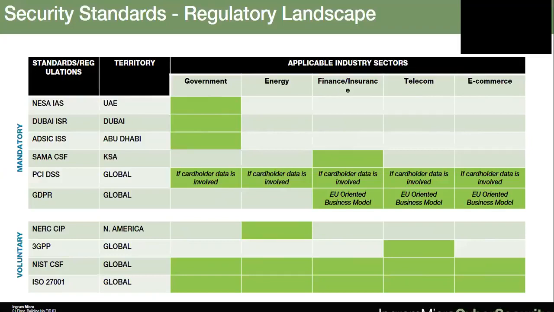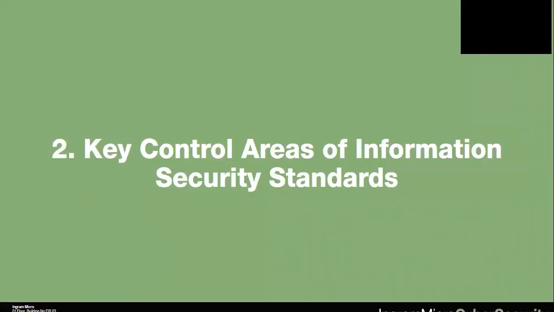ISO 27001 has 11 domains, around 39 control objectives, and more than 130 controls. It touches different domains such as HR, physical security, network security, governance, etc.